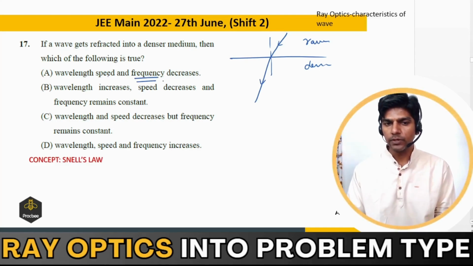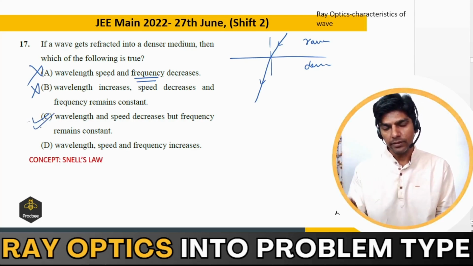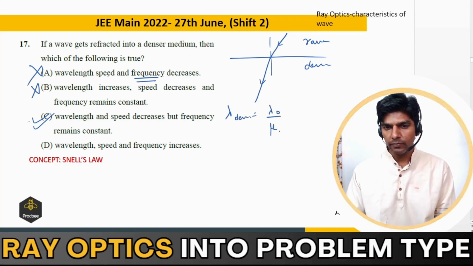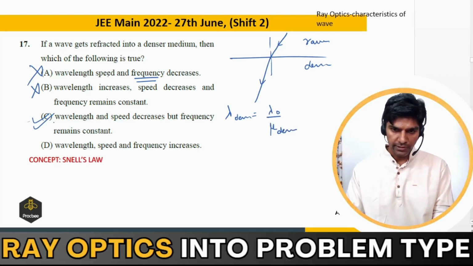So frequency will remain same. So option A is incorrect. Wavelength increases, that is incorrect. Wavelength and speed decrease, but frequency remains the same, right? So wavelength decreases when the light enters from a rarer medium to a denser medium, and the wavelength in denser medium will be lambda naught, which is in the vacuum, divided by refractive index of the denser medium, right? So option C is the right answer.